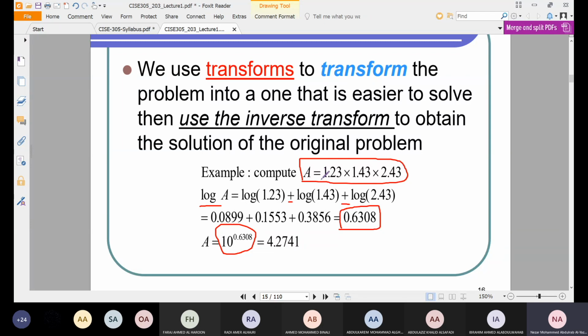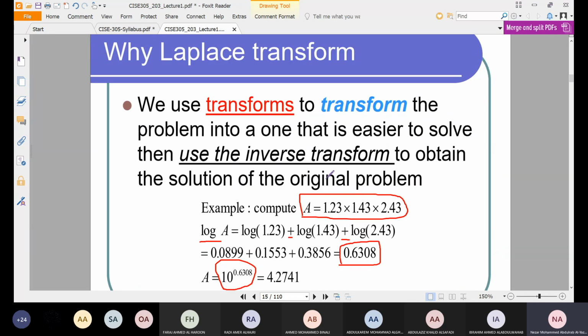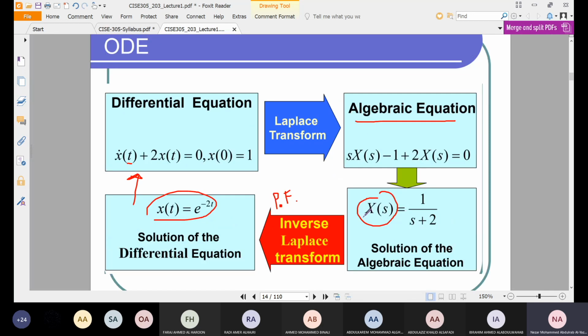The Laplace transform does the same thing. It helps us solve complex problems, a differential equation or ODE, without the need for a direct solution. We convert the differential equation to an algebraic equation, and then we get the solution of the algebraic equation. After that, we apply inverse Laplace to get the solution of the original problem.